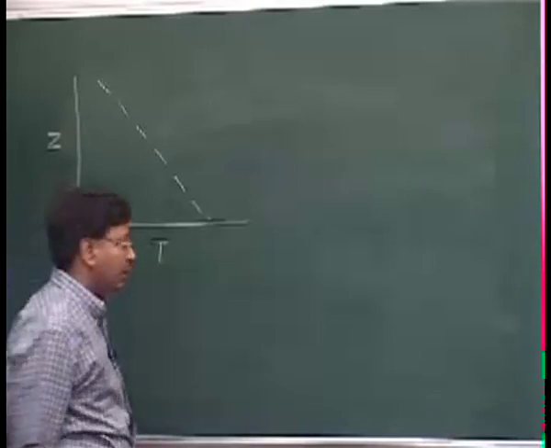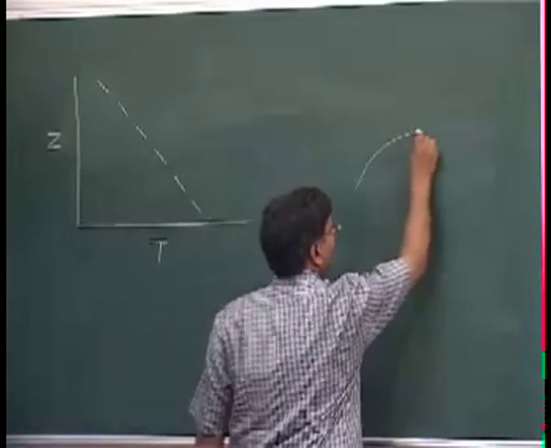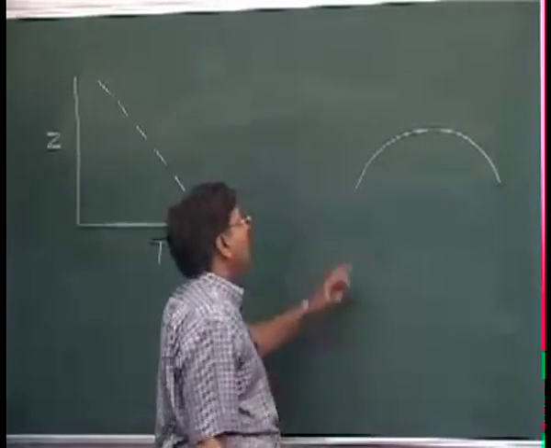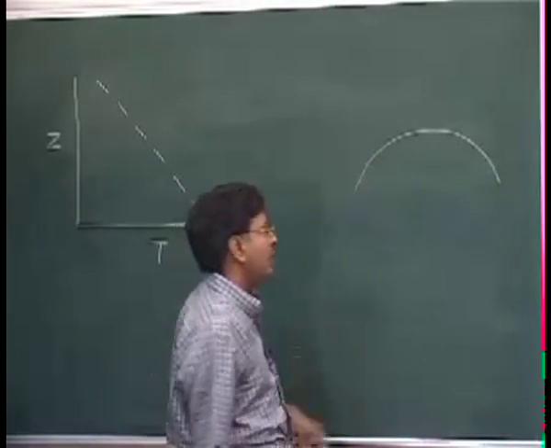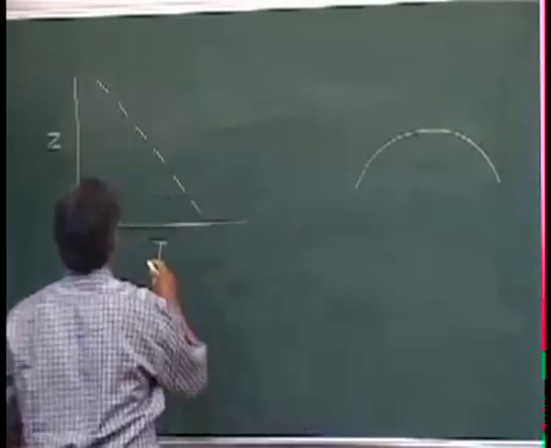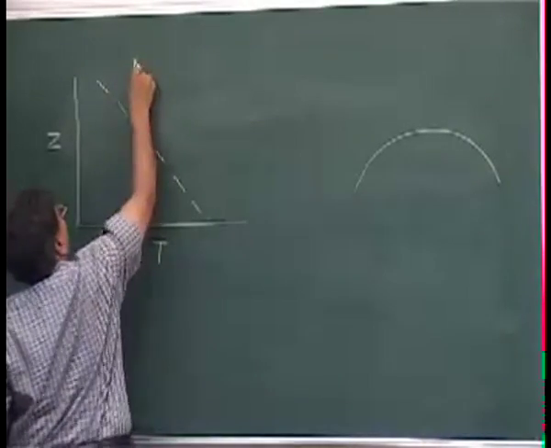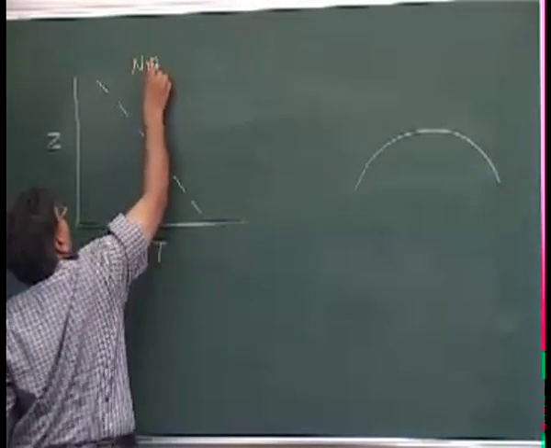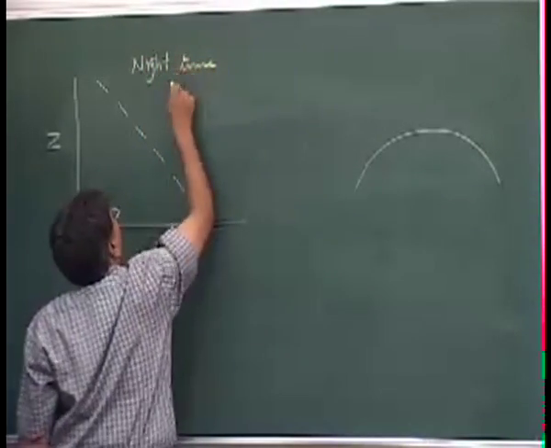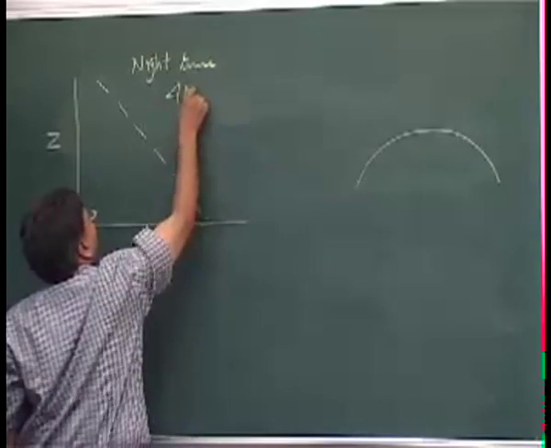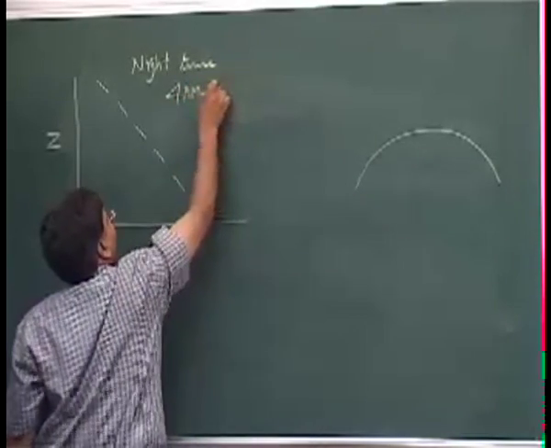Go back to the earth. No solar radiation. What would happen? The situation we are talking about is night time, let's say between 4 a.m. and 5 a.m.